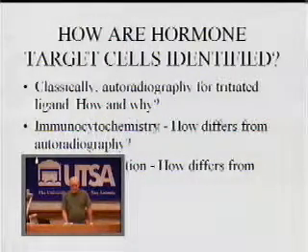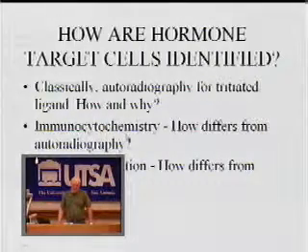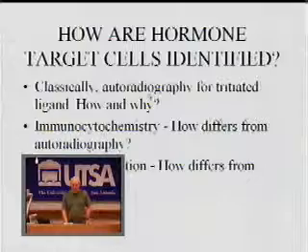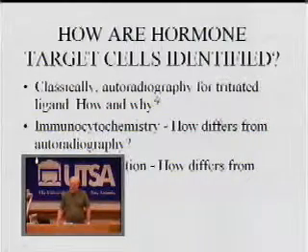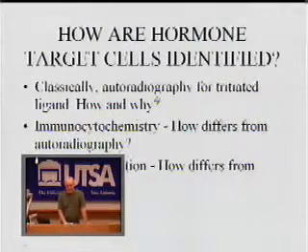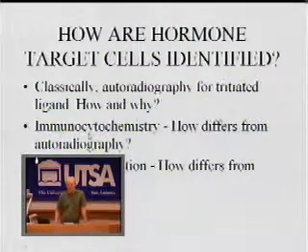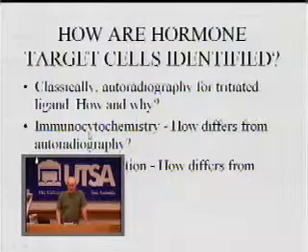And immunocytochemistry has emerged since the classical autoradiography, using radio-labeled molecules. And in this case, the immunocytochemistry obviously uses antibodies to bind to and identify and localize and visualize the receptor proteins.